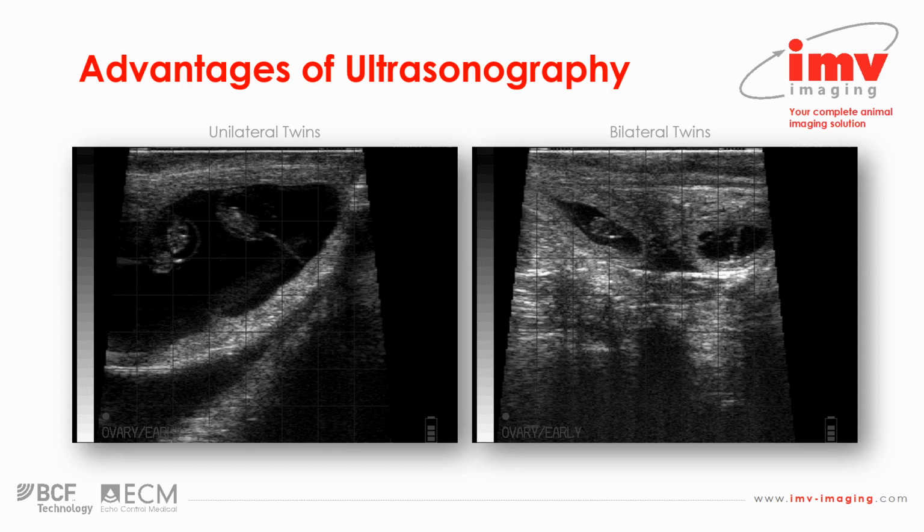And then on the right we have bilateral twins, so one twin in each horn. And in both cases we're able to simultaneously visualize the twins on the screen, so we can be confident we're not looking at one fetus twice and convincing ourselves it's twins. We're absolutely sure on these images that we are looking at twins, and this is something that you cannot do reliably with any other method.